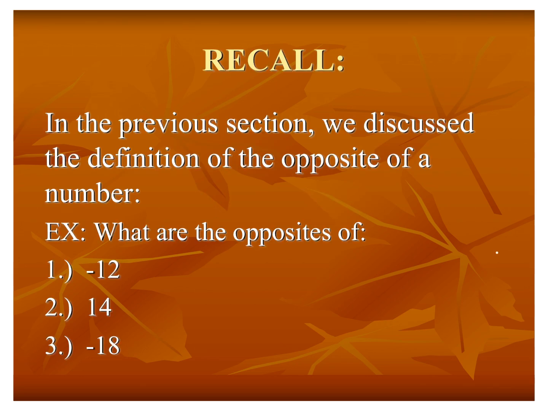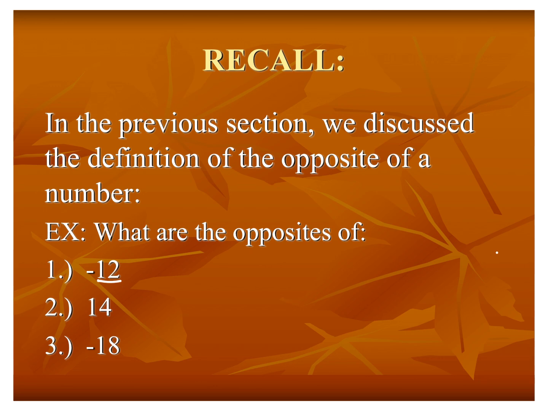So we're going to start by recalling the definition of the opposite of a number. Now, the opposite of a number we had said is the same number, just changing the sign. So for example, -12, the number that we see here is 12, but it's a negative.